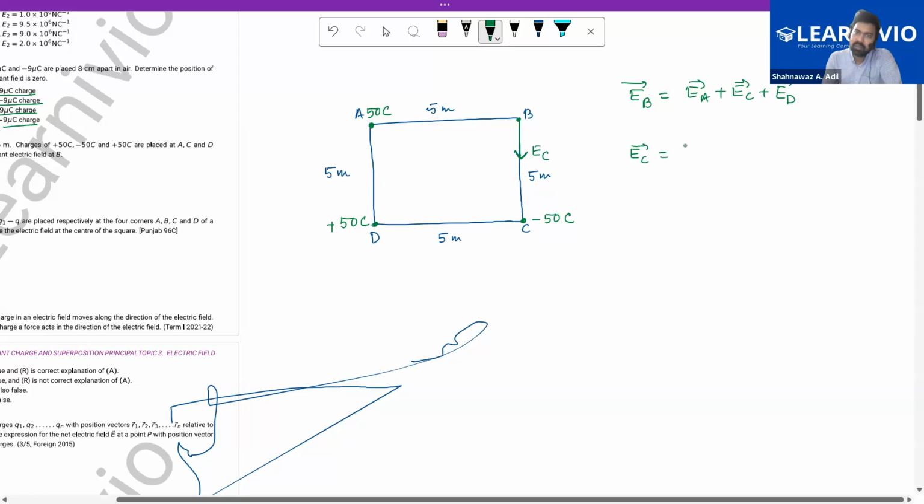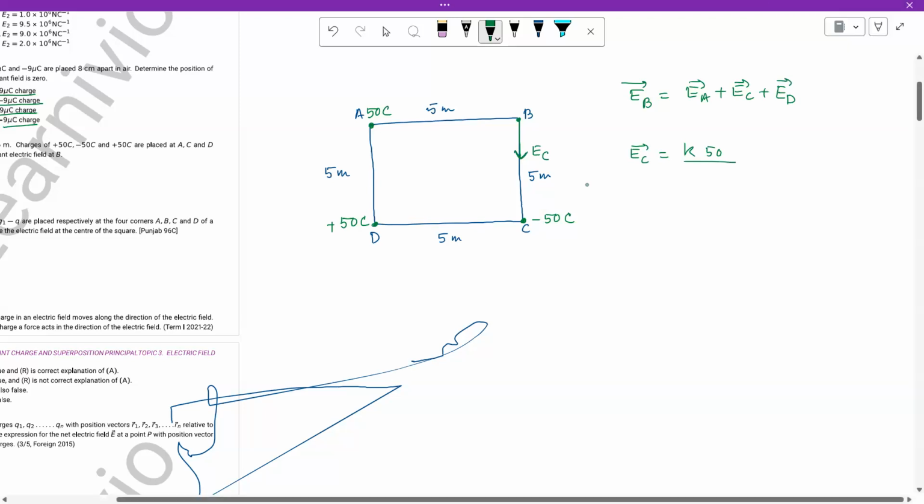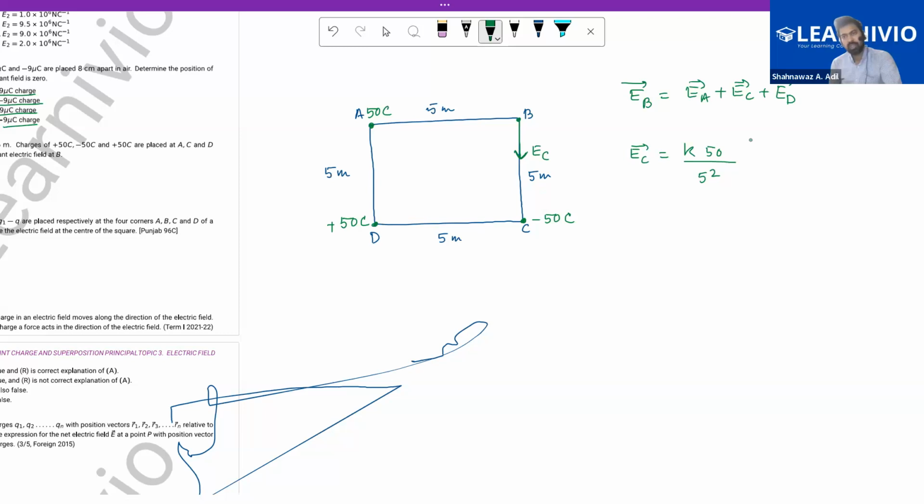EC vector would be K, and Q is 50. Because we have taken the direction, that is why I'm not writing the minus sign. So always remember this. 50 by 5 square, and what is the direction? Downwards. So in vector form, what is this direction?